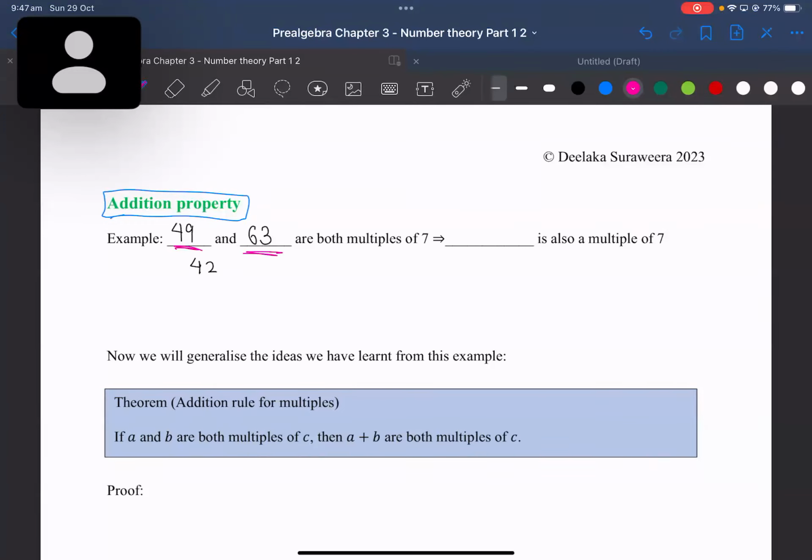Both multiples of 7. Now, I want to know whether if I add these 2 numbers together, 49 and 63, is that a multiple of 7?